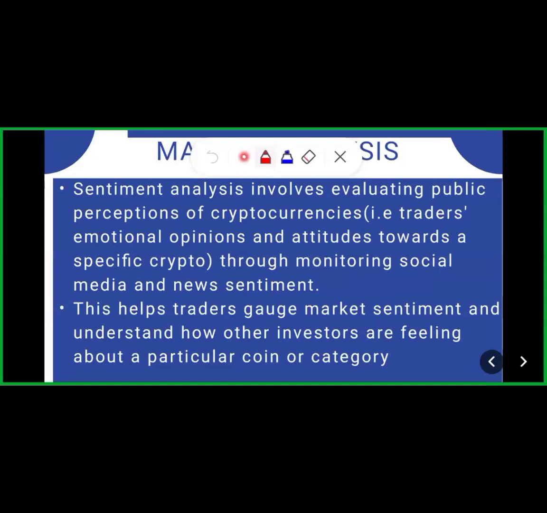They follow the tweets made by Elon Musk, so that when some great news comes in, or Elon Musk posts something good about Dogecoin, boom, they jump in, because they know what is most likely going to happen with positive news. That is what sentimental analysis is all about.